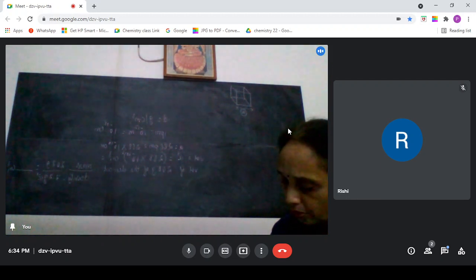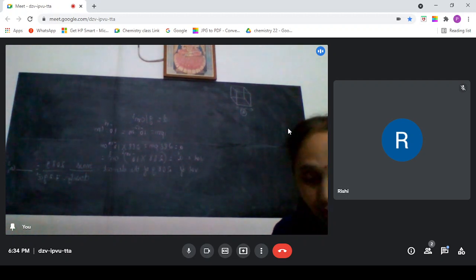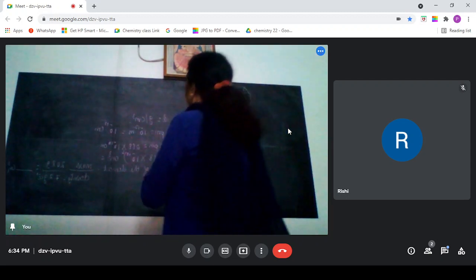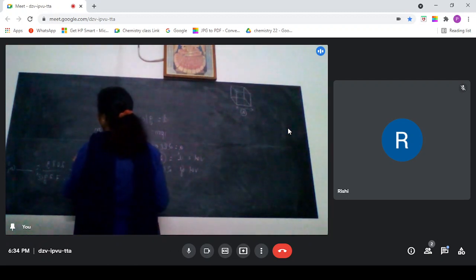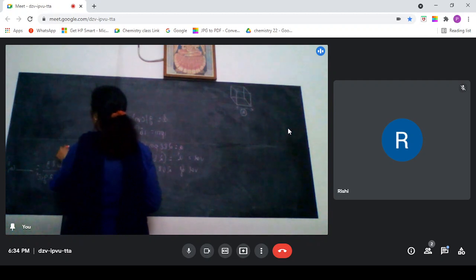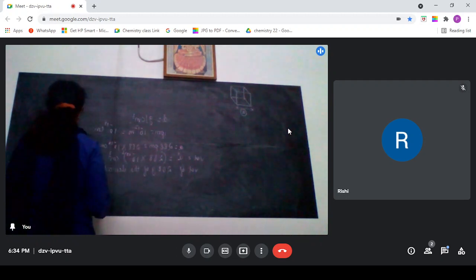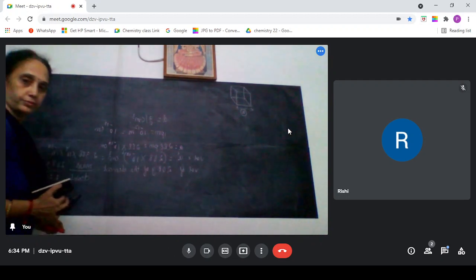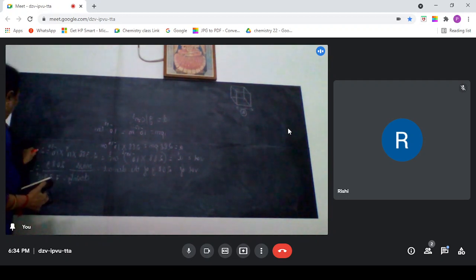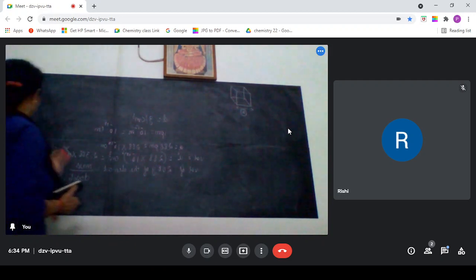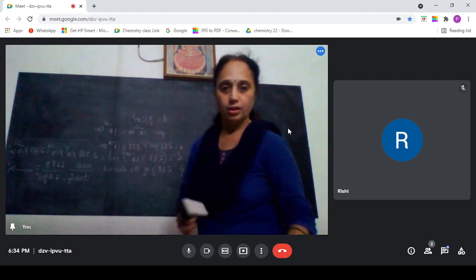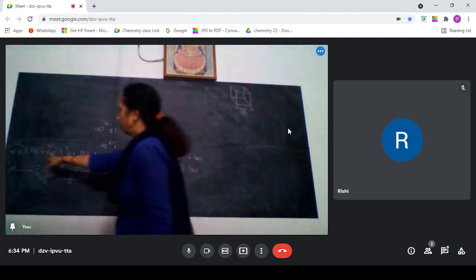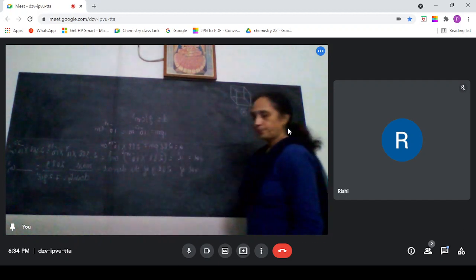You can take it as 2.388 into 10 to the power of 7, into 10 to the power of minus 30. So this will be 2.388 into 10 to the power of minus 23 cm cubed.